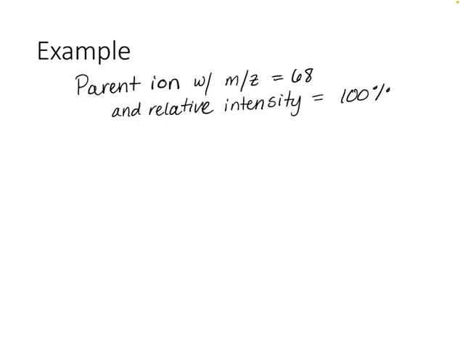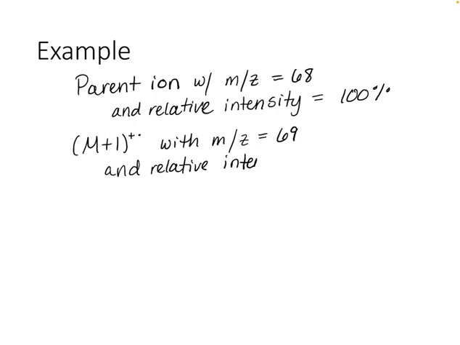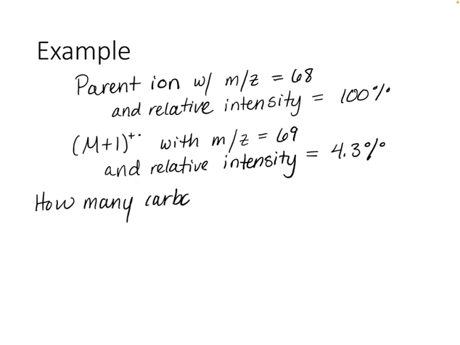And then let's say we have our M+1 peak, and that has a mass to charge ratio equal to 69, so it's right next to the parent peak. And its relative intensity is equal to 4.3%. So let's figure out how many carbons the compound has.